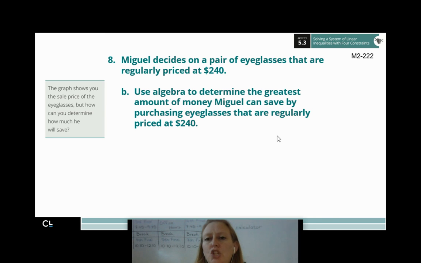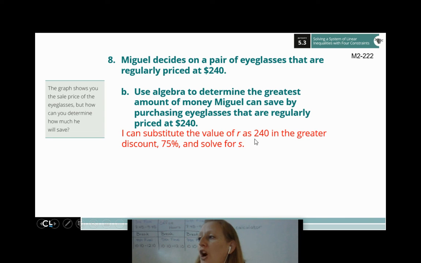So what we're going to do is substitute $240 for R and the greater discount of 75% and solve for S. If I remember, we had S is greater than or equal to 0.25 R. So fine, I have a calculator, 0.25 times 240 is $60.